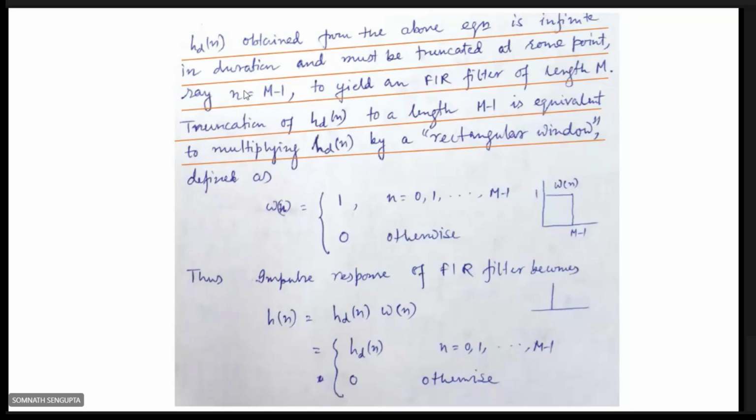Suppose h_d(n) is a sinc function and it is continuous, meaning the number of samples is infinite. You want to restrict it to some m number of points, so you need to have a rectangular window, or any other window of length m. This is called the windowing technique. So the basic window is the rectangular window.